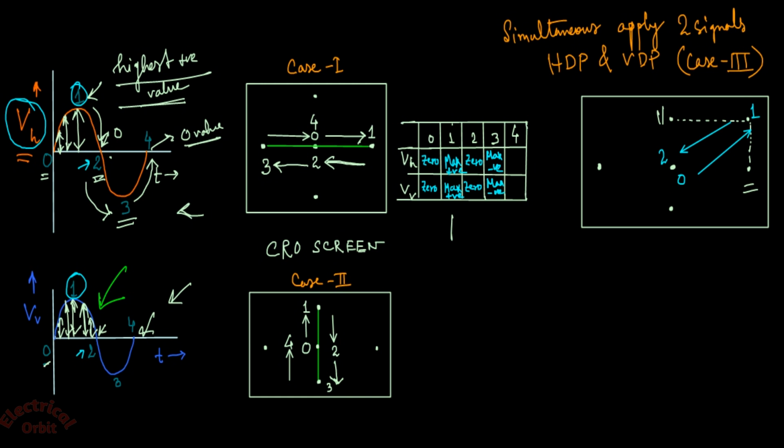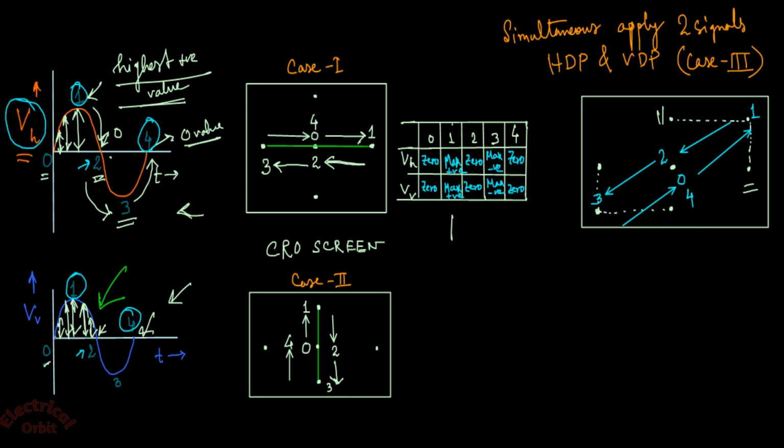For the horizontal plate this is the maximum negative point, and for the vertical plate this is the maximum negative point. So our point will be the intersection of these two maxima, that is at this point. So this is position 3, and again at position 4 both are at their 0 position, so the output will return back to its 0 position, or we can write it as 4.